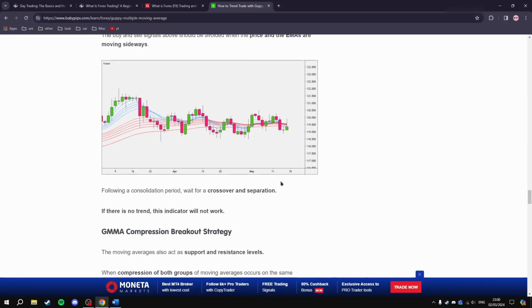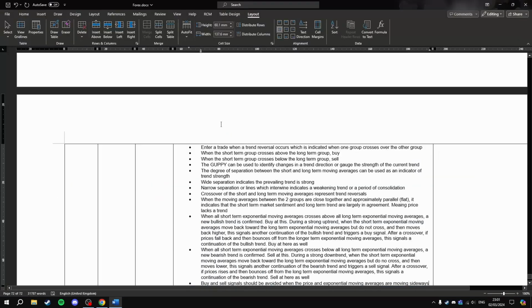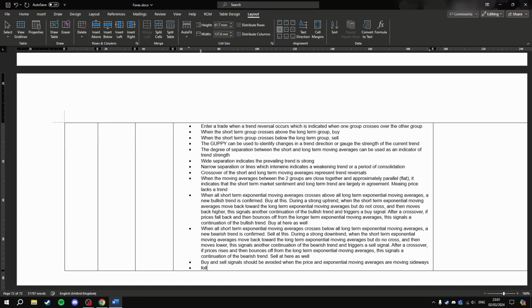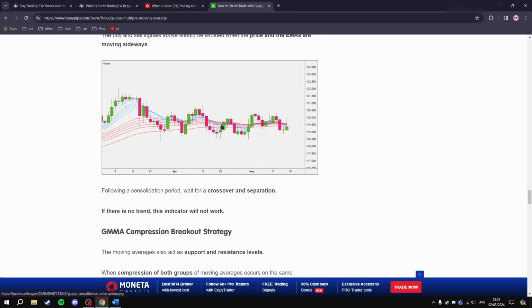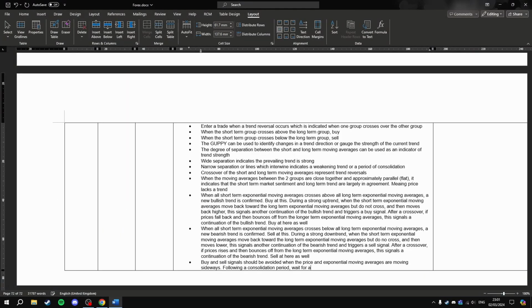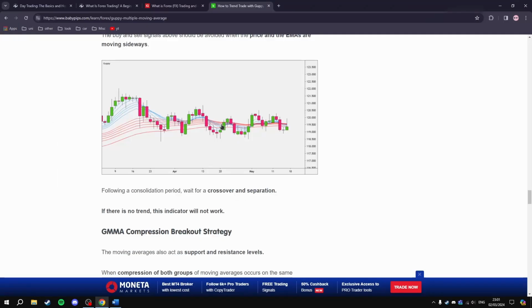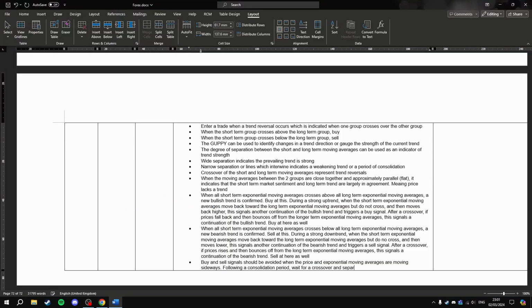So moving sideways or flat, following a consolidation period, wait for a crossover and separation.